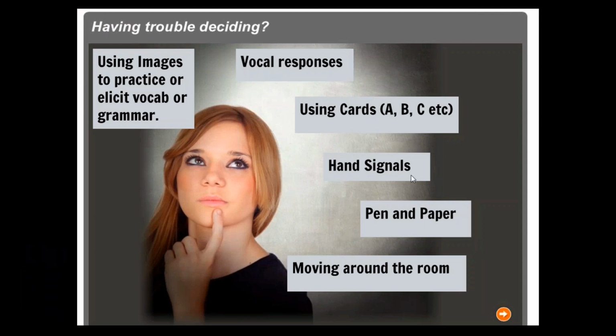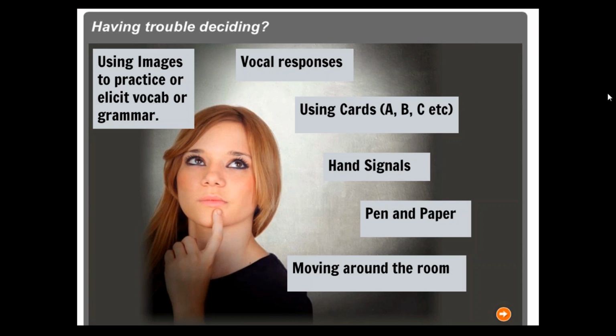So just a recap. This is what we talked about, and these will just be on the handout. So using images to practice or elicit vocab or grammar, vocal responses, getting students to shout out, using cards A, B, and C, etc., adverbs, adjectives, depending what the task is.